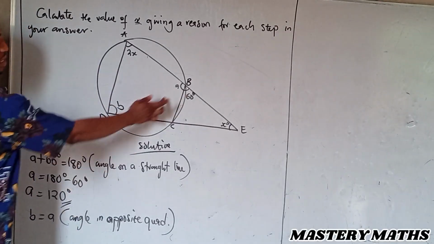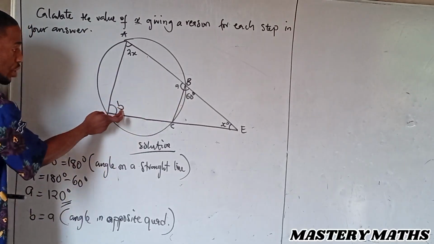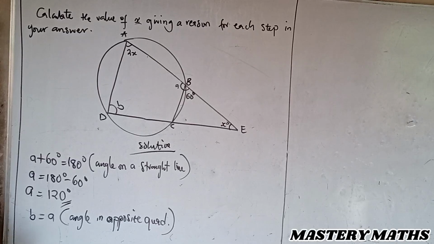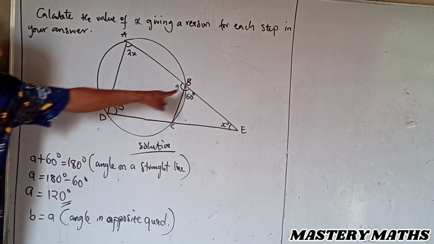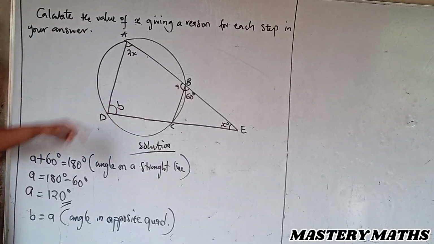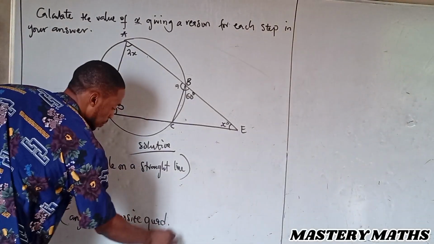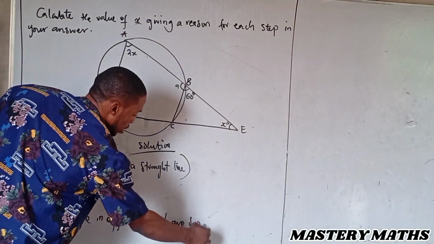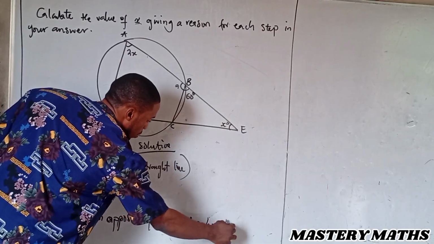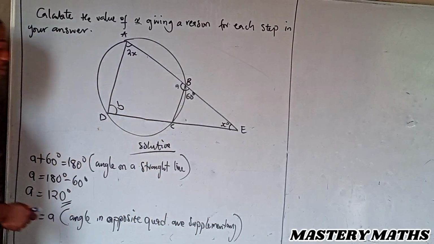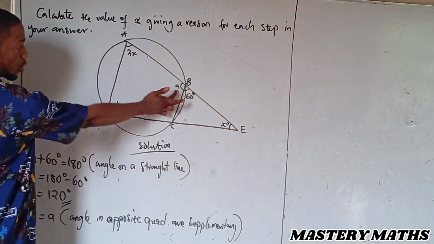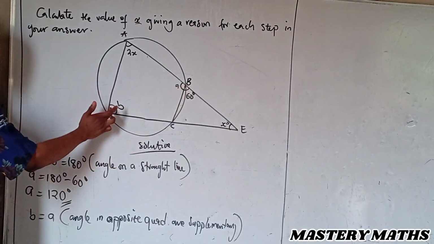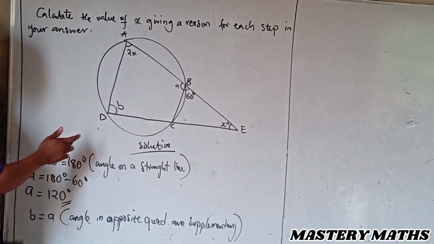The sum of angles in opposite quadrilateral are supplementary. Let's state it here: angles in opposite quadrilateral are supplementary. How are they supplementary? For example, 90 plus 90 will give us 180 degrees.